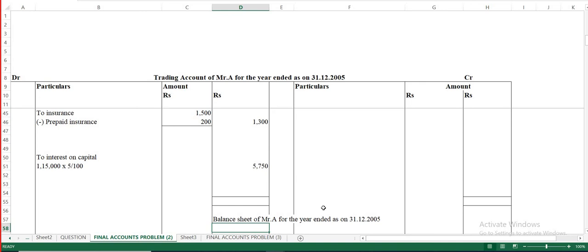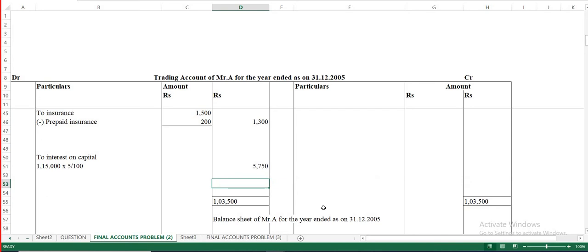So which is the higher value here? 1,03,500. So this is the higher amount. Just enter 1,03,500 on both the sides and find out the balance.